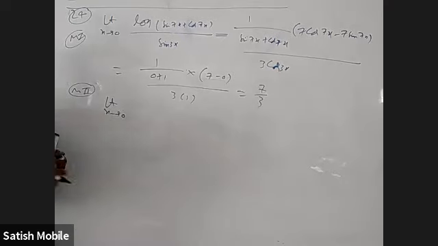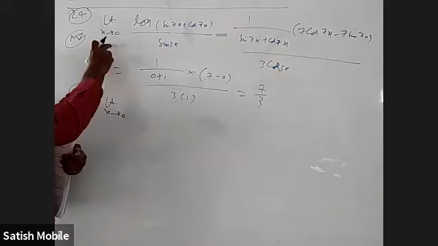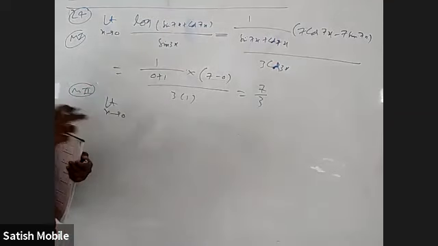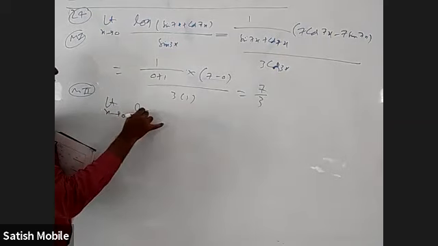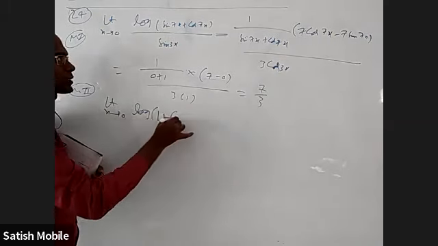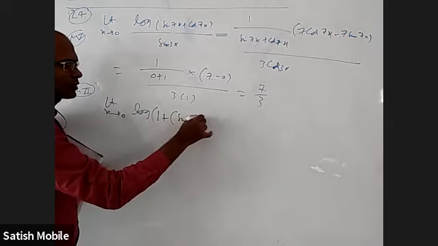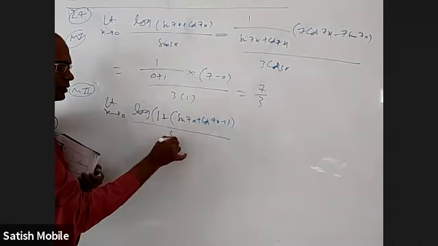We have a formula: log 1 plus x by x, limit is 1, right? We are going to use that because when I directly substitute 0, this is becoming 1. It is exactly that formula. What to do then? We'll add 1, subtract 1. Because to use that formula, I should have 1 plus x. I don't have, so 1 plus sine 7x plus cos 7x minus 1, by sine 3x.